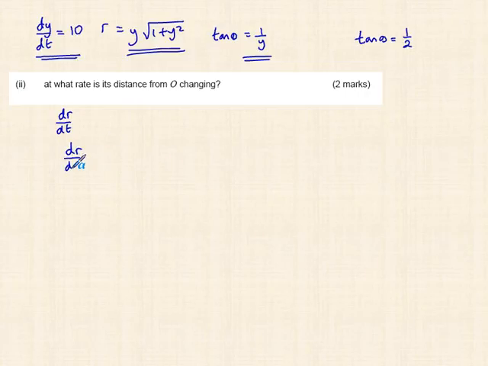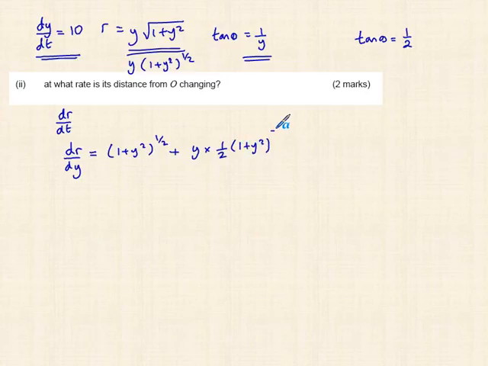dr/dy would be equal to, remember this is y times 1 plus y squared to the half, so we need to differentiate this. It's a product, so we'll have this one times this one differentiated, so that's just 1 plus y squared to the half, plus this one times this one differentiated, so that's y times a half 1 plus y squared to the negative half times the differential of the inside, which is 2y.